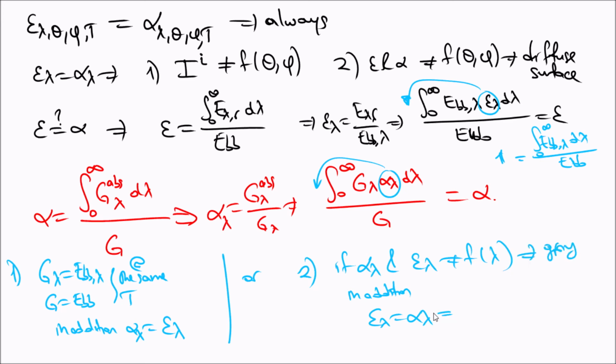So if we summarize, if the surface is gray, then these are not functions of lambda. If the surface is diffuse, then these two terms are equal. If it is gray, then epsilon and alpha are always equal. So if there is a gray diffuse surface, epsilon is equal to alpha.